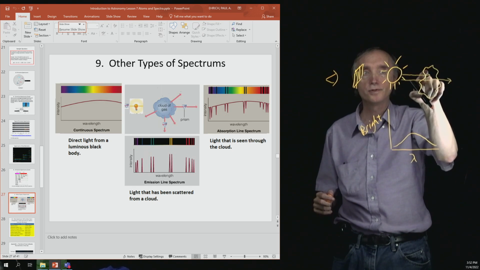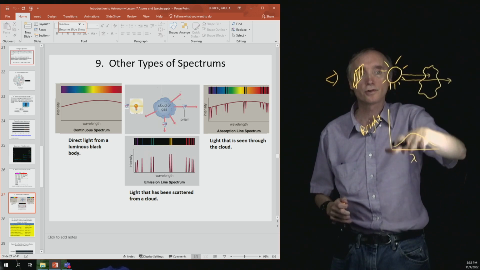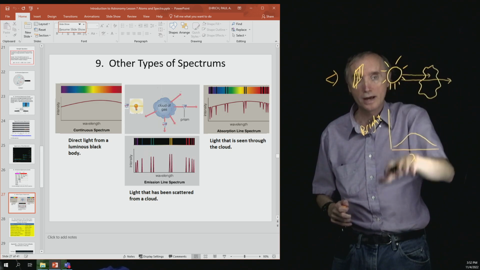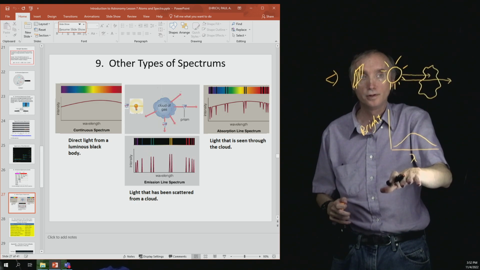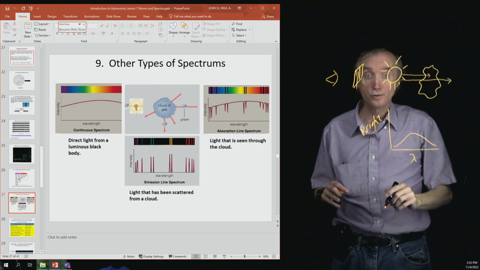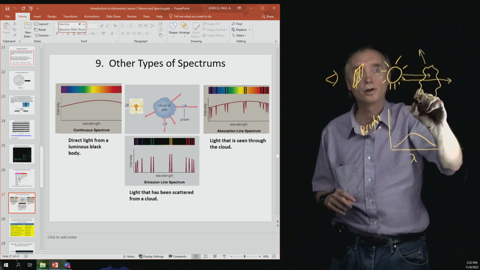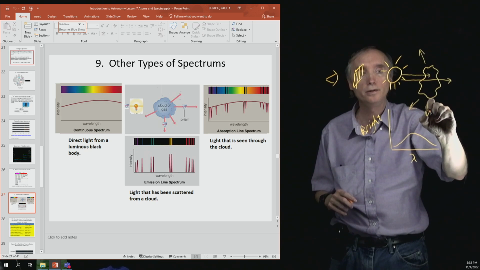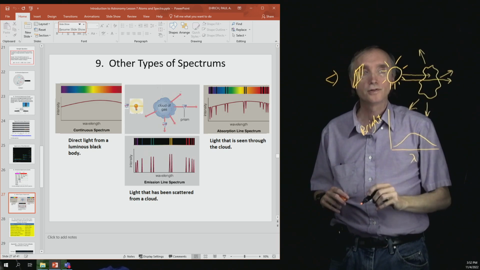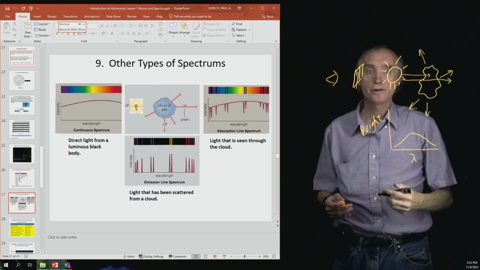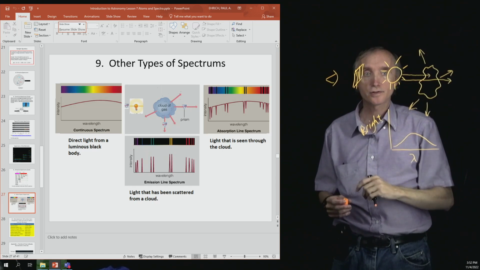But if the frequency is just right, it could make the electrons jump, and then when they come back down, they're going to emit light of a certain frequency, and then that light could go this way, or this way, or that way. So the light is being scattered by the gas.